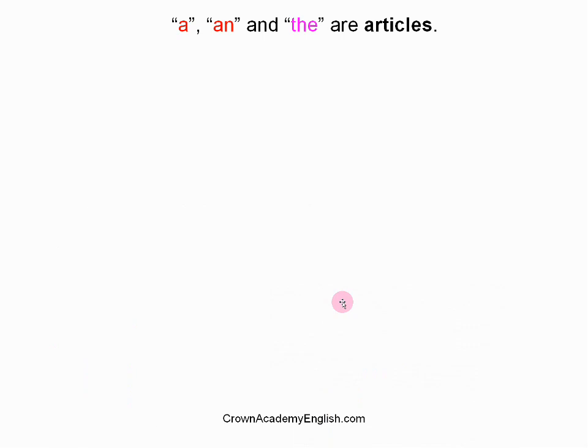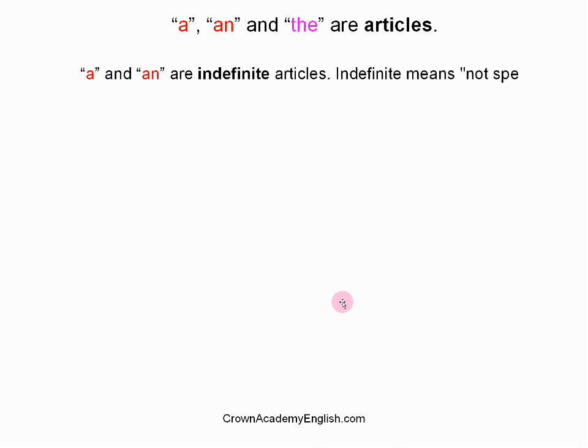So a, an and the are all articles. And specifically, a and an are indefinite articles. Indefinite means not specific, okay?